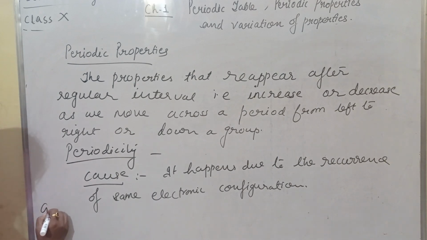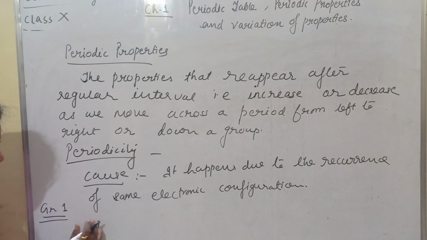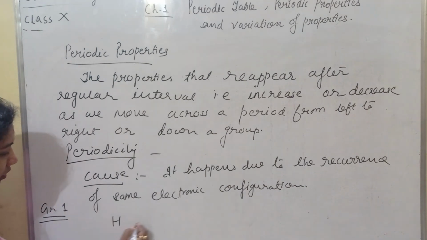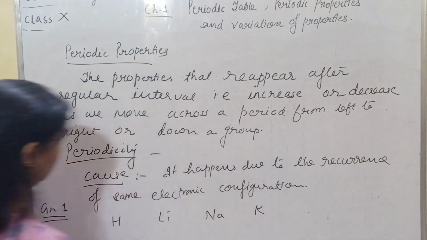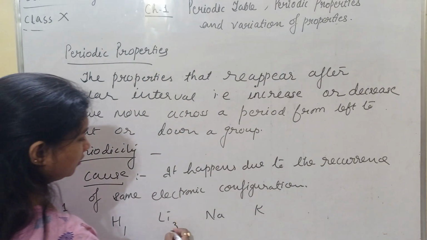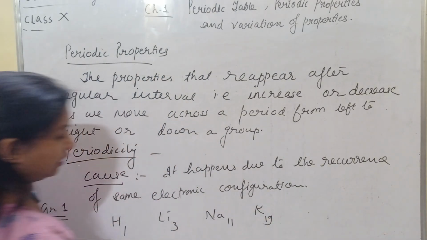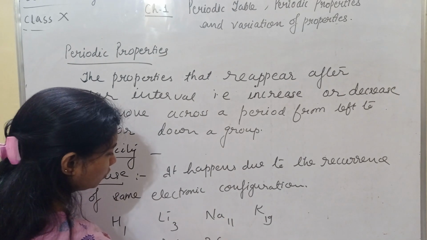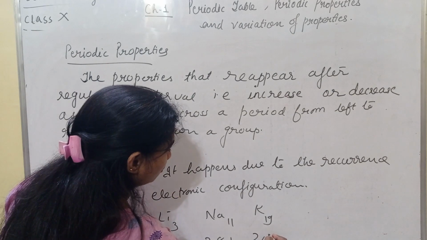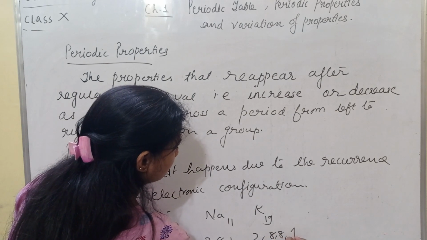So we know group 1 elements are hydrogen, lithium, sodium, potassium. Atomic numbers 1, 3, 11, 19. Configurations are 1; 2, 1; 2, 8, 1; 2, 8, 8, 1.